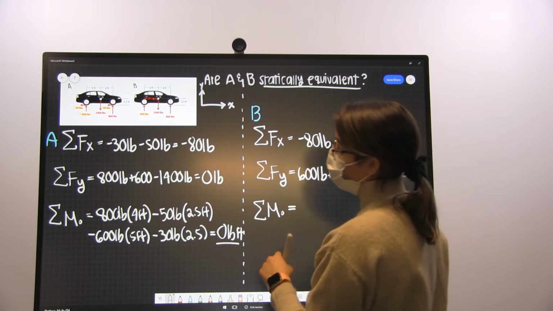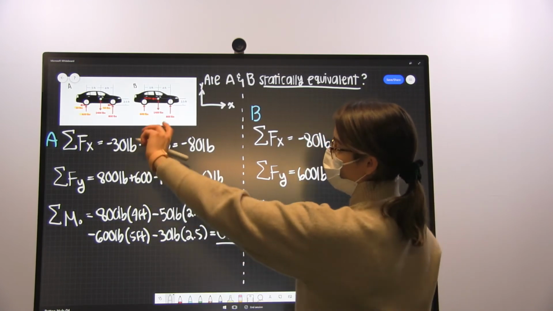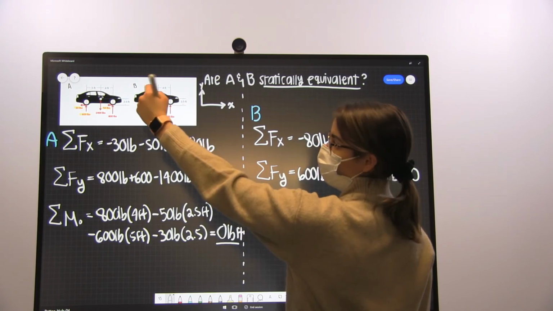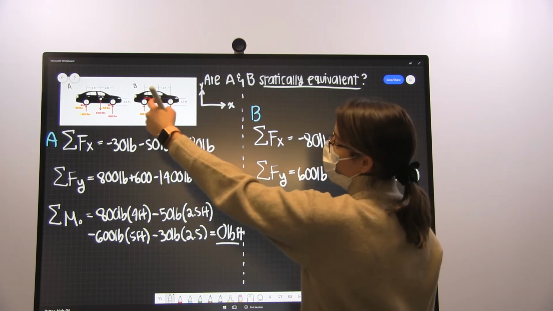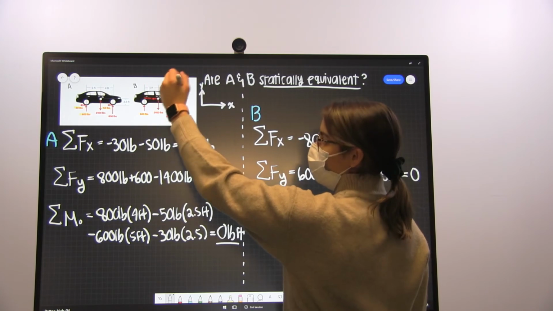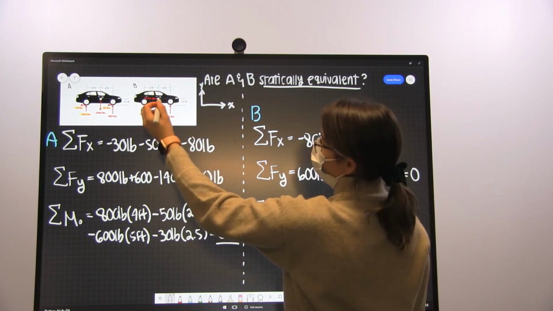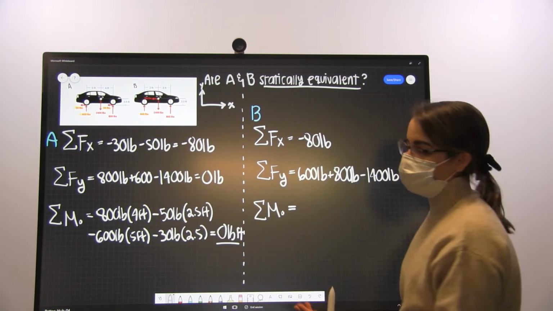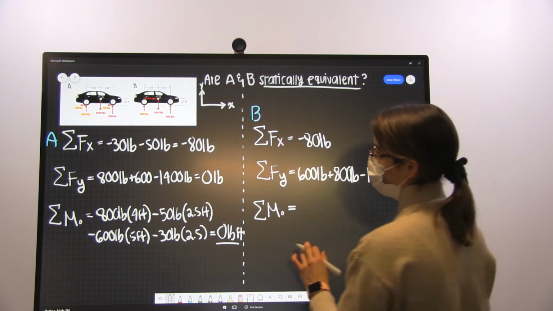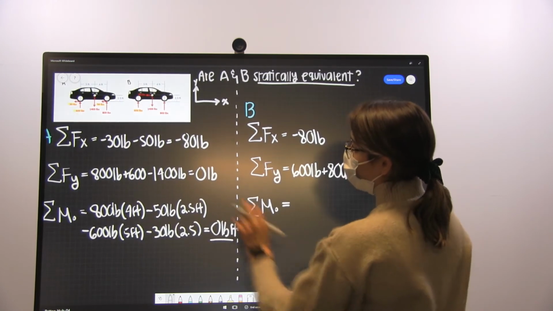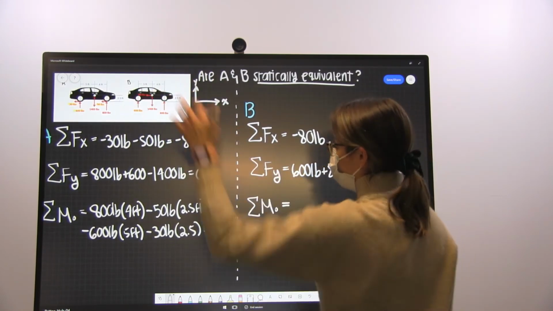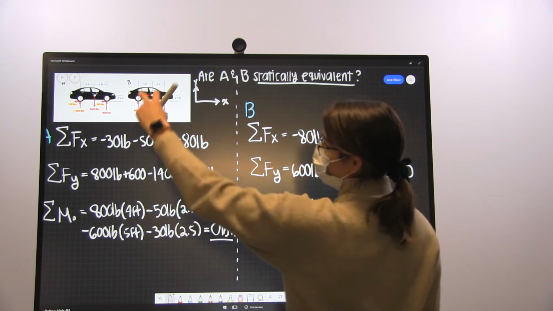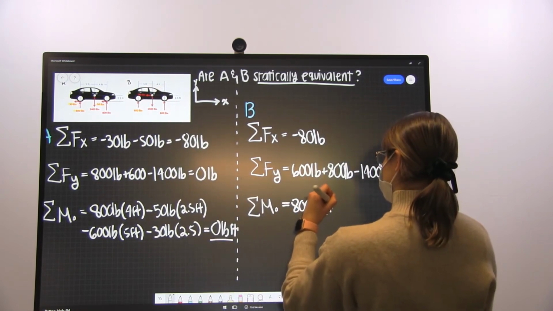For our sum of the moments, we're going to start off by using our positive moments. Again, we start off by choosing our strategic point G, because at that point we get rid of that 80 pound force and 1,400 pounds because they don't exert any moments. And so our positive moment, which is counterclockwise, is the 800 pounds times its moment arm, 4 feet.